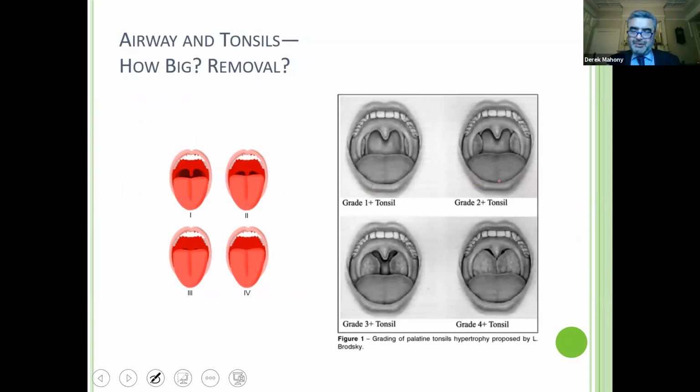So I teach all my students who are learning orthodontics to look in the back of the mouth, behind the tongue, and we look at two things. One is a grading of the palatine tonsils as outlined by Brodsky. Normal is if you divide, so you just get the kid, push the tongue down, look at the back of the throat, and you divide it into quadrants.